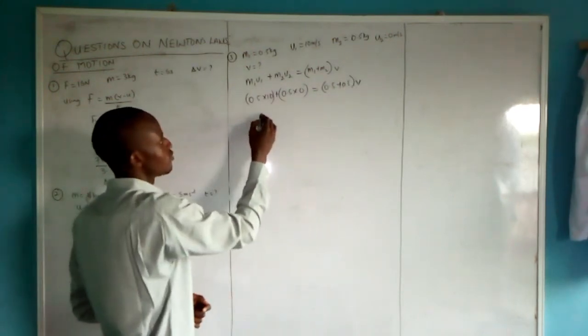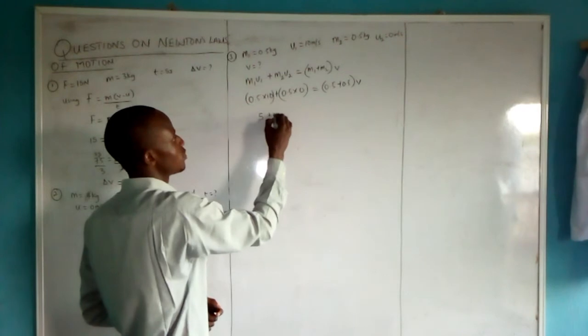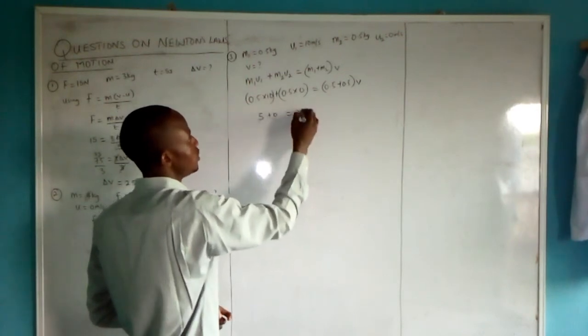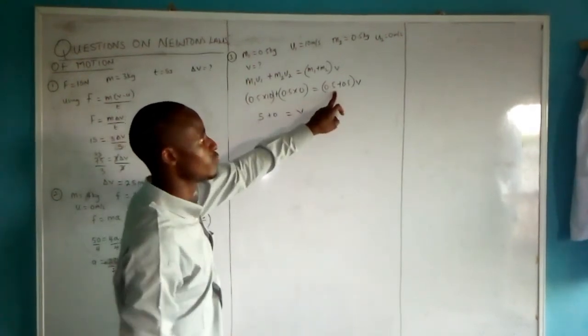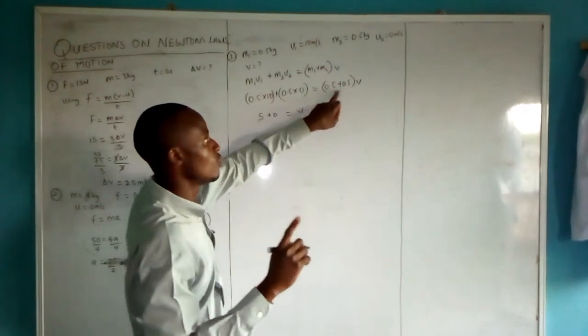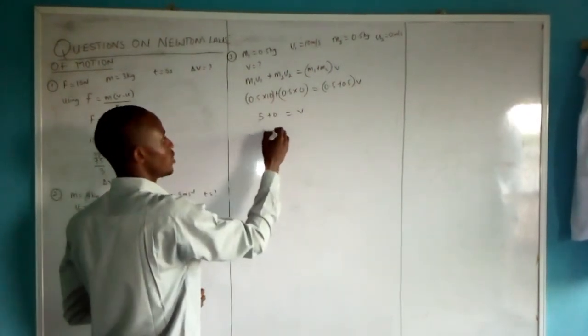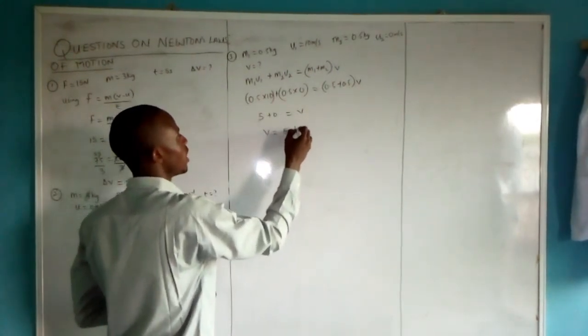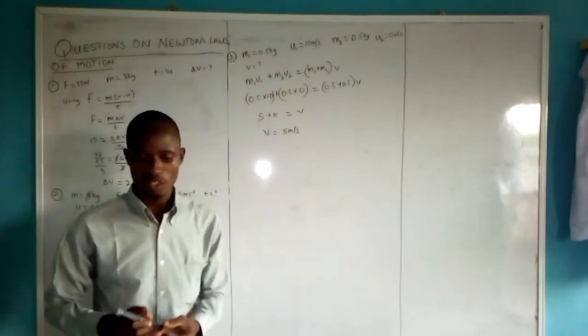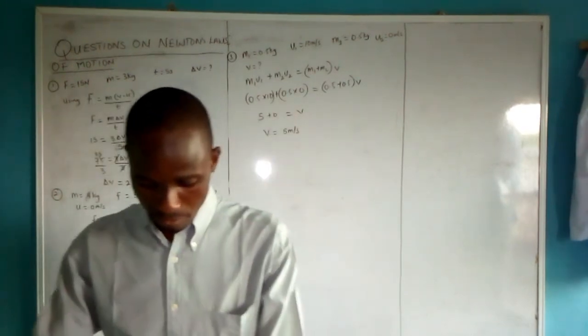From there, this gives us 5 plus 0 equals v, since 0.5 plus 0.5 is 1, and 1 times v is v. So the common velocity will be 5 meters per second. With that, we have a proper solution to that question.